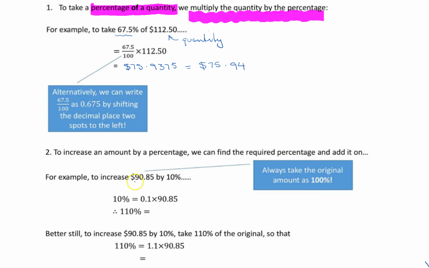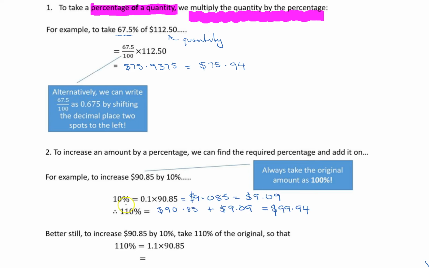So, for example, to increase $90.85 by 10%, we can always find the 10% of 90.85. Convert 10% to a decimal, 0.1.